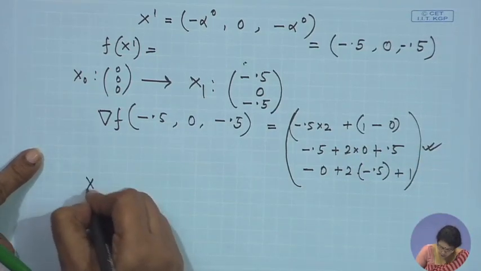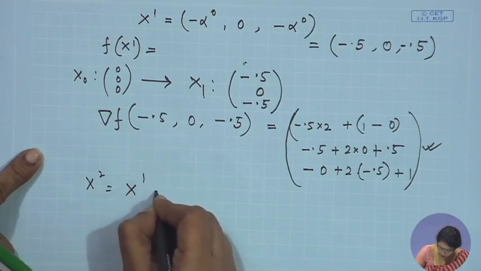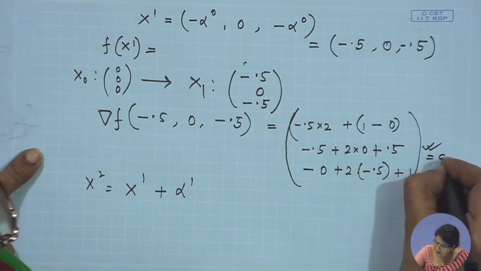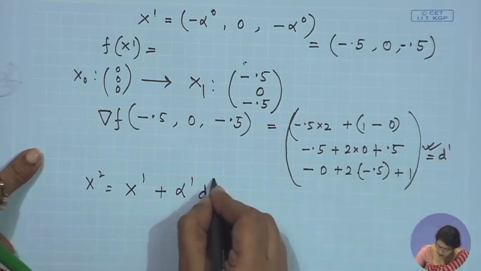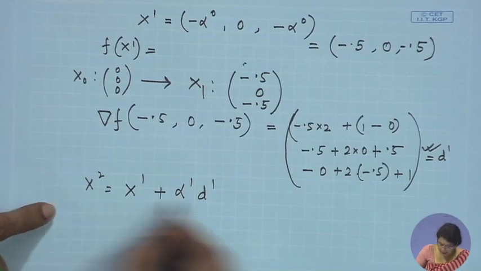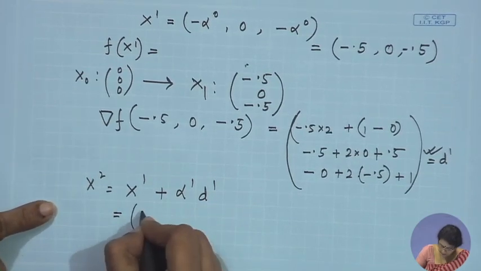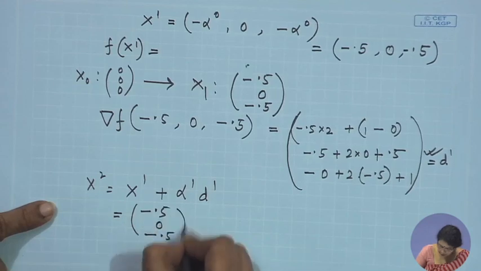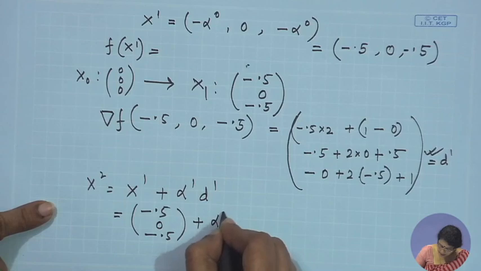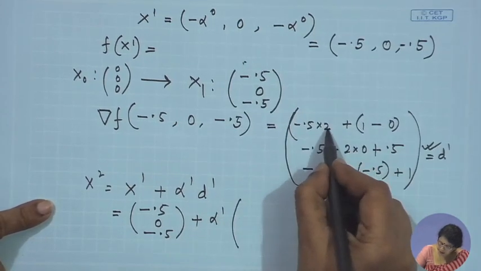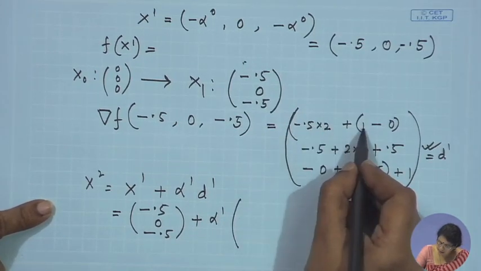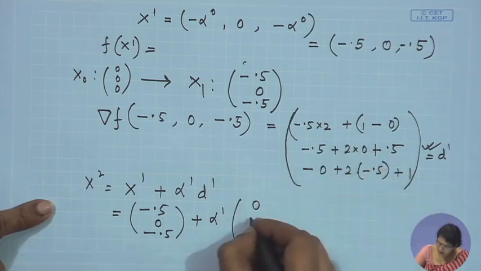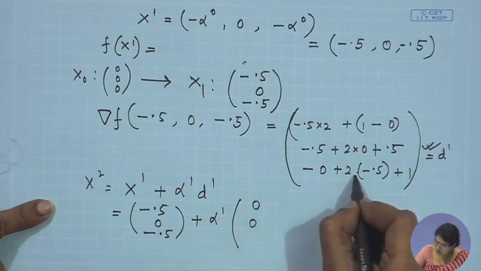Then my x 2 would be x 1 plus alpha 1 times the gradient direction. If I consider it as d 1, then it becomes minus 0.5, 0, minus 0.5 plus alpha 1 times this value. How much is coming? Minus 1 plus 1, 0. Here it is again 0.